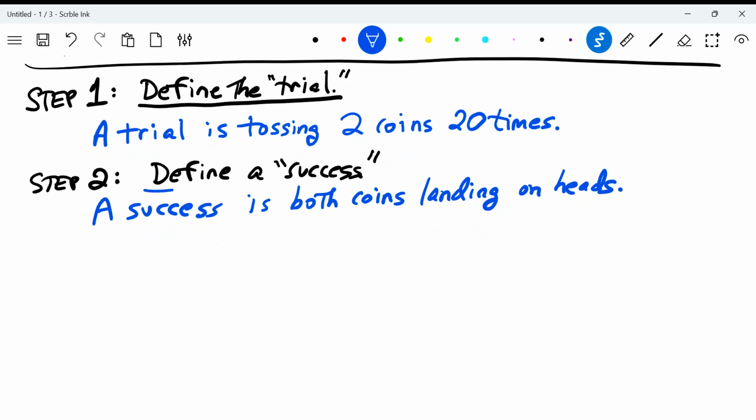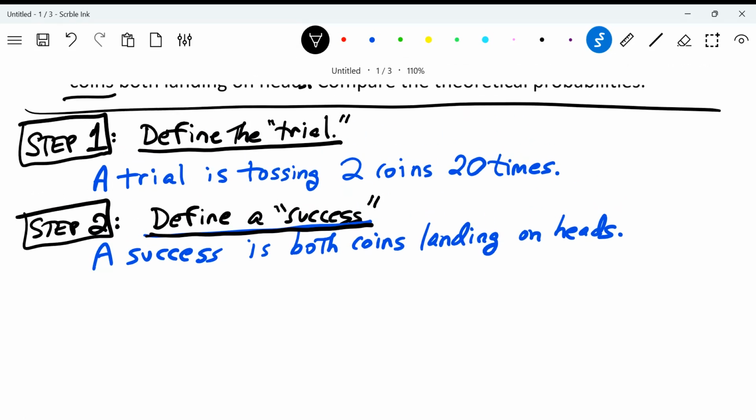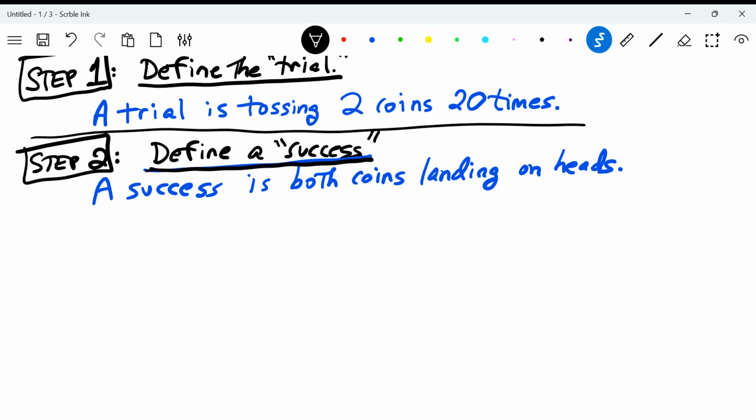Okay, that's step 2. And I'm going to put a box around step 1 and a box around step 2 so we can see these as separate things.